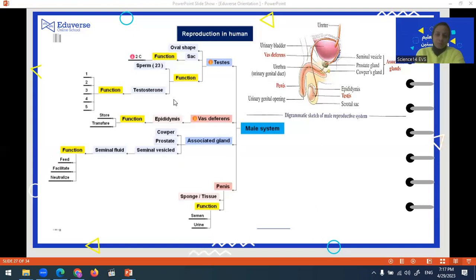Okay, and as we said, it will produce the sperm and the secondary sex hormone for the male, which is testosterone. What's the function of testosterone?